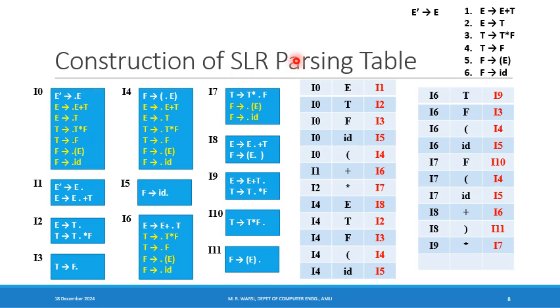So I will add LR0 items corresponding to the productions of the variable capital E. From the variable capital E, I have these two productions. So these two LR0 items have been added accordingly: capital E derives dot E plus T, and capital E derives dot T. Now in this LR0 item, after the dot I have the variable capital E, which I have already considered, and in this LR0 item, after the dot I have the variable capital T. So I will add LR0 items corresponding to the productions of the variable capital T. From the variable capital T, I have these two productions.